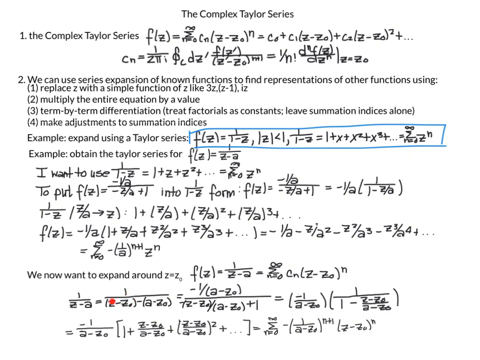So that's exactly the form we want. But of course, in order to subtract a z naught, we need to add a z naught. And that's what we did here. And then from there, we did our algebraic manipulations, so we could plug it into this form, 1 over 1 minus z. And you can see that here.